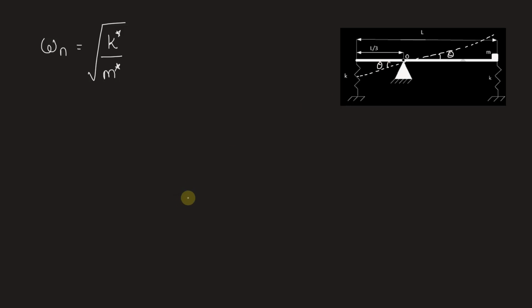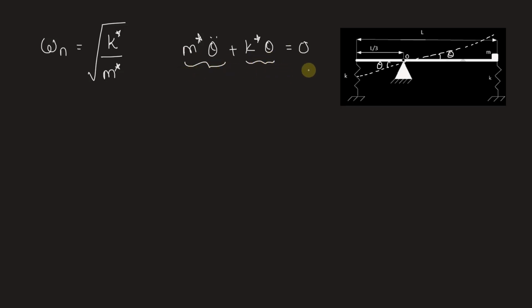This is also theta. Now, in order to find the equivalent stiffness and equivalent mass components, we'll have to formulate the equation of motion, which is M star theta double dot plus K star theta equal to 0. The damping force is 0 here and there is no external excitation, and that is why we only have the inertia force component and the stiffness force component.